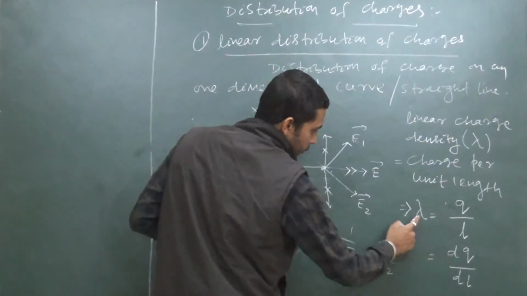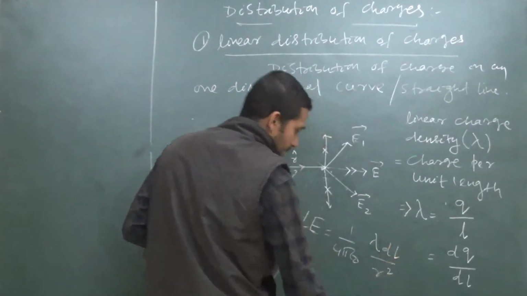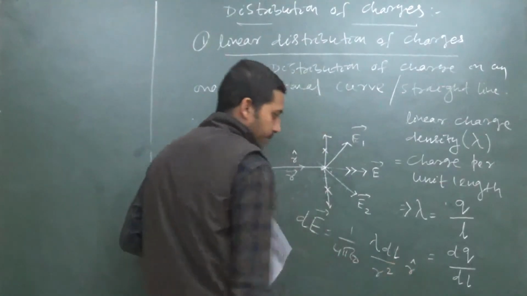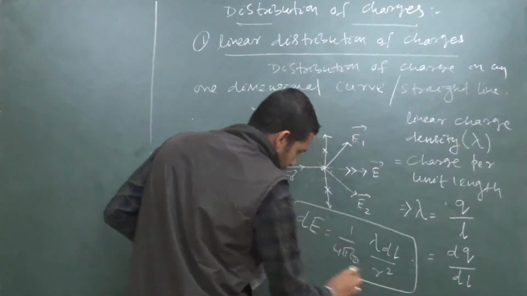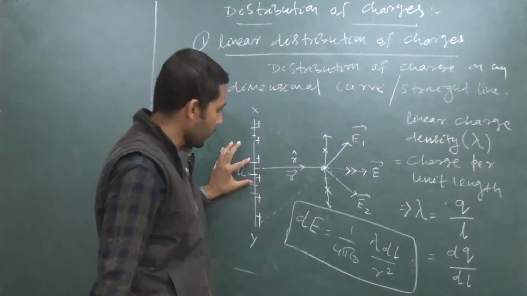So dq equals how much? Lambda dl. In place of q we can write lambda dl. In vector form, you need to put an r cap. So this is the basic formula of the electric field for a small element.